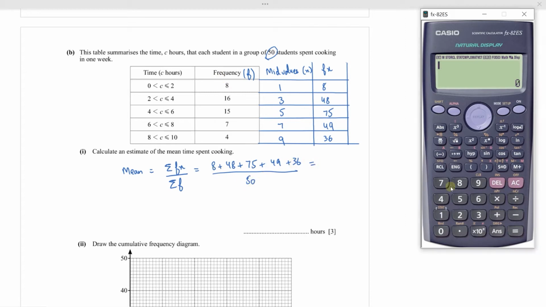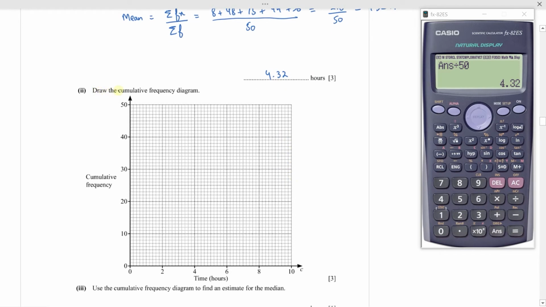Adding all these up, this is 216 divided by 50. So your mean value here is 4.32 hours.